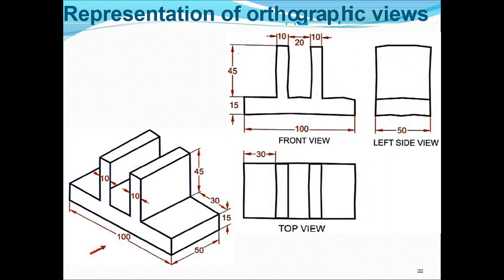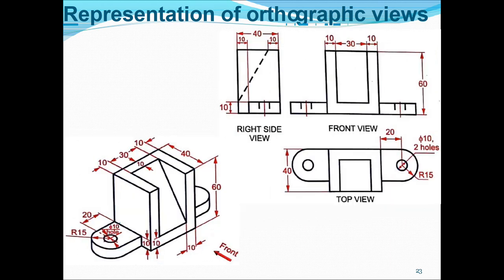So the front view will be on the top, the first diagram you will draw. Just by projecting the front view you will draw the top view, and as the third step, by projecting the front view you will draw the side view.